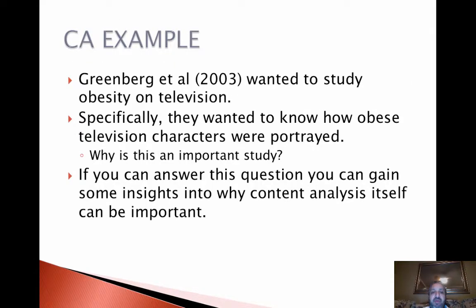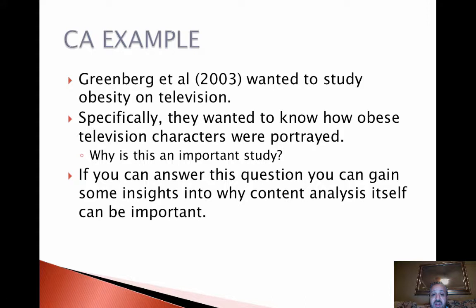This is just an example of a content analysis. I'm going to go through this really quickly, but you can read it on your own. You can even look up this study on Google Scholar. Greenberg et al., Greenberg and colleagues, from back in 2003. They were studying obesity on TV programs. This is one of the things that you could use content analysis for.